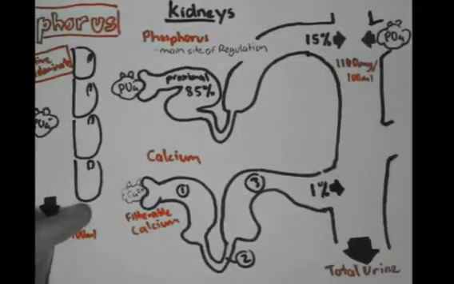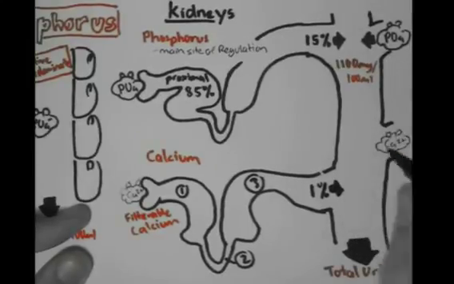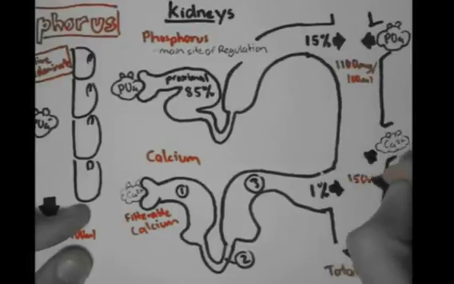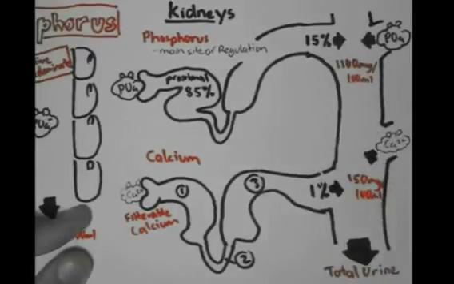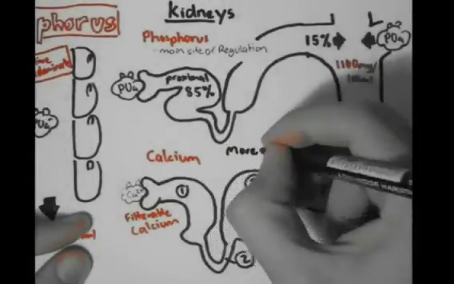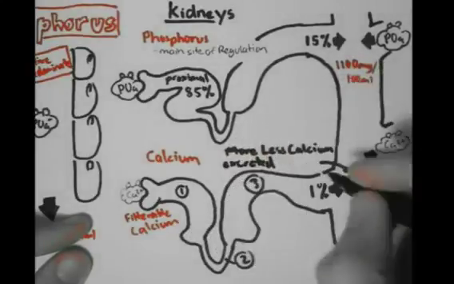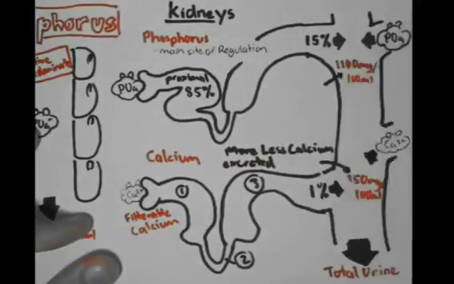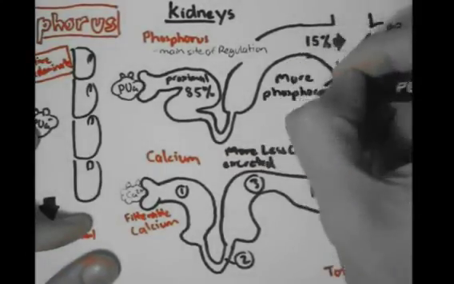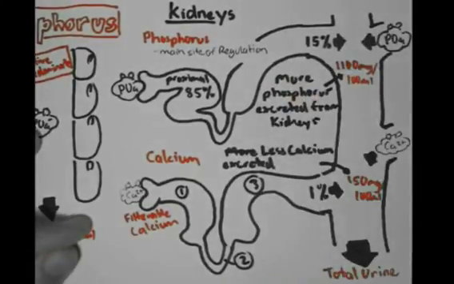Only 1% of the total calcium regulated in the kidneys is secreted as total urine calcium, which is 150 milligrams per 100 ml of daily calcium. From this we can say that less calcium is regulated within the nephrons, within the kidneys, and that's why in the kidneys phosphorus is the main regulation site.